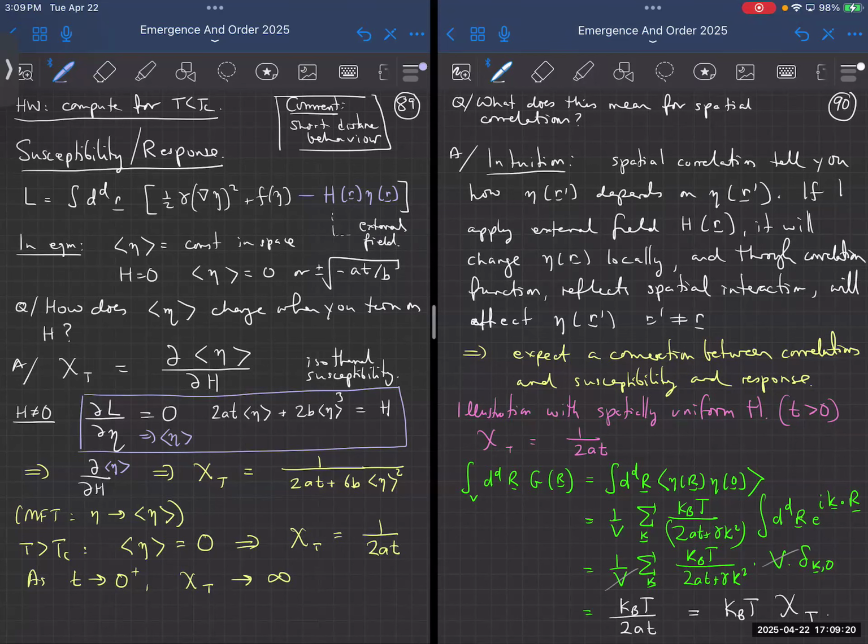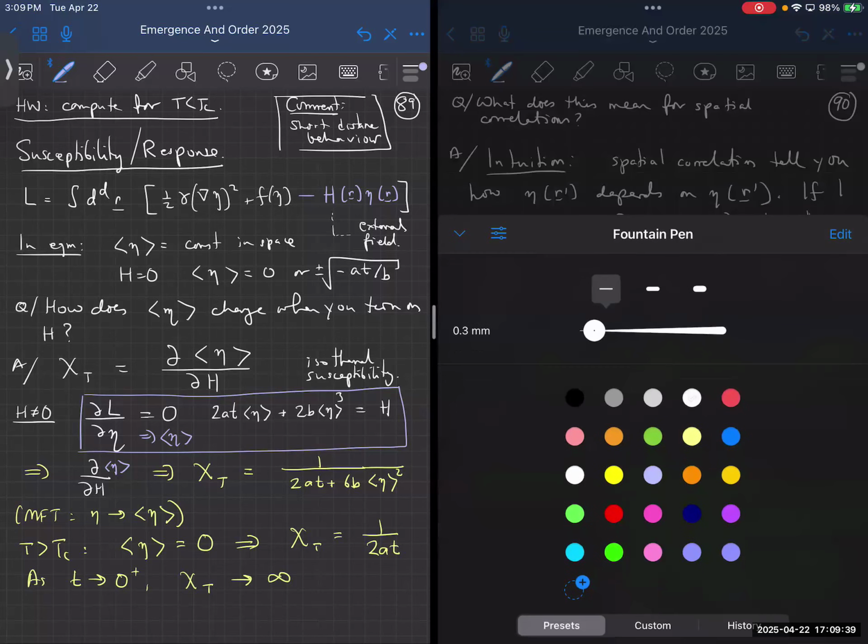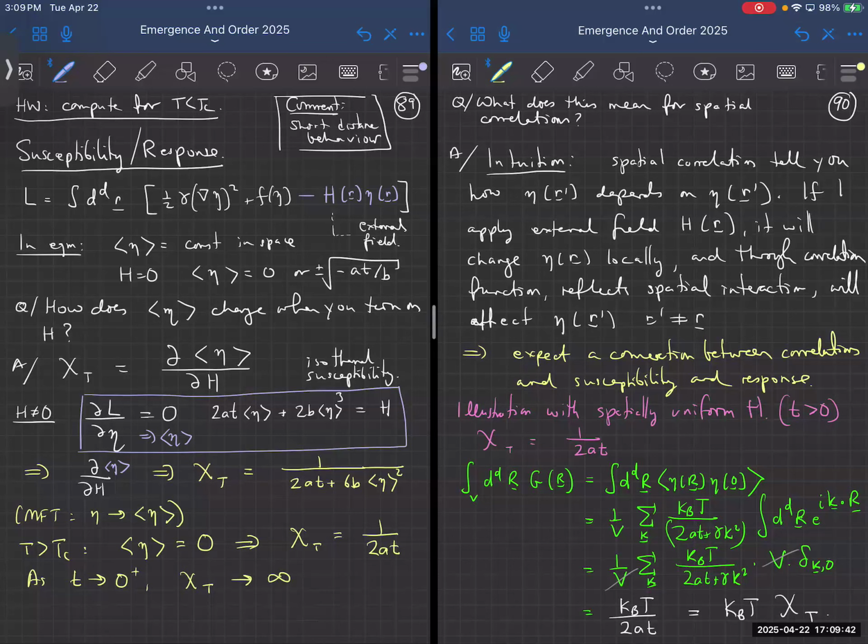So I've just shown you that the integral of the correlation function over space is actually equal to the susceptibility. And I just showed it for you for T greater than Tc, and you can prove it more generally than I've done here. So this result has a name. If you want to look it up in my book, this is called the static susceptibility sum rule.